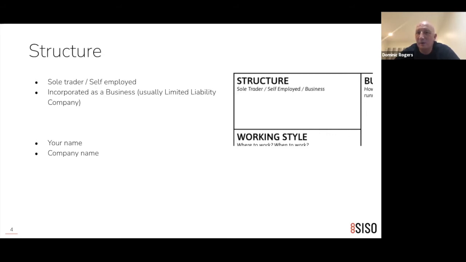Most government departments have procurement teams, and procurement teams are often a bit iffy about taking on an individual, but if they take on a company, then it's a lot easier. So I went straight for a company name, and that was my choice.